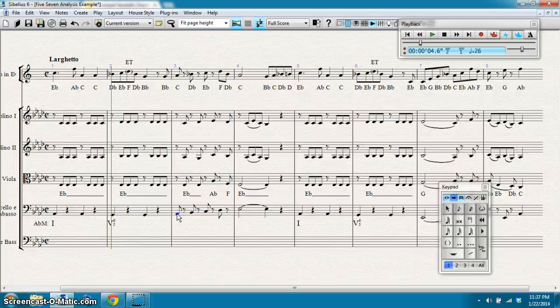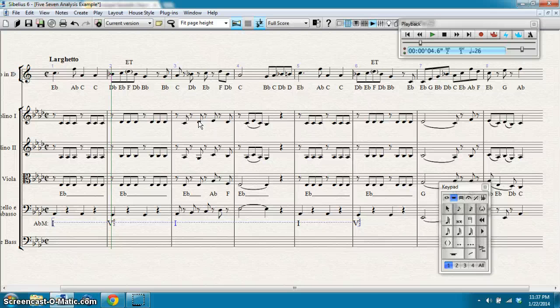Okay, so our first beat, you'll see A flat, E flat, A flat, and C. So that's 1 again. A flat, and then we look at the next beat, we have B flat, E flat, G, and D flat.